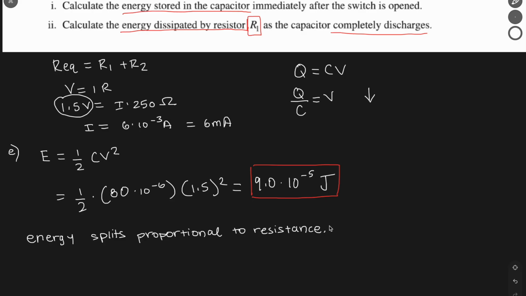What this means is we can calculate the ratio of R1 over R equivalent and multiply that by the energy that we calculated in the previous equation, and that should be the energy being dissipated by R1. I found this is quite a clever way of solving this problem, which avoids a lot of the bells and whistles of calculus that one can so easily get caught up in.